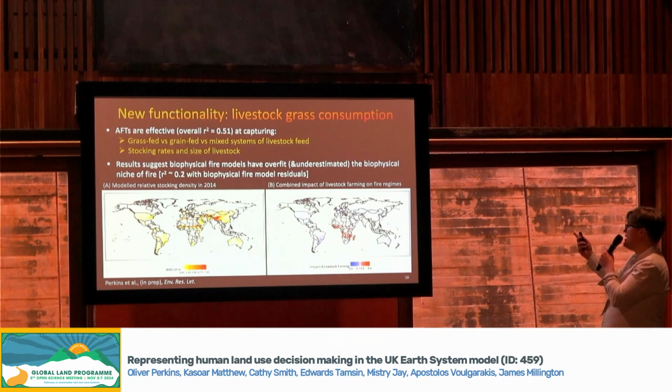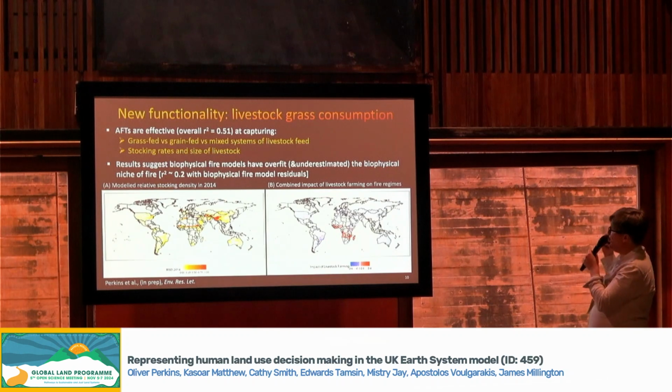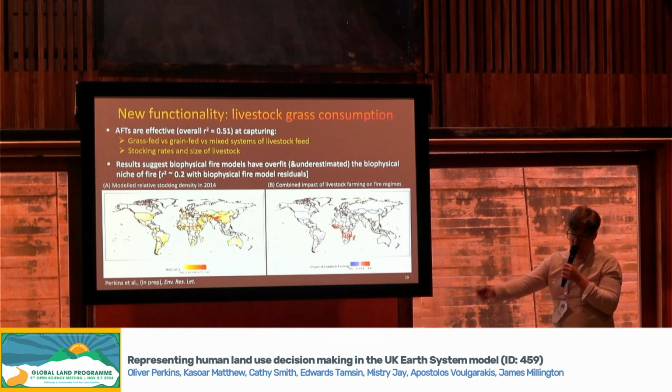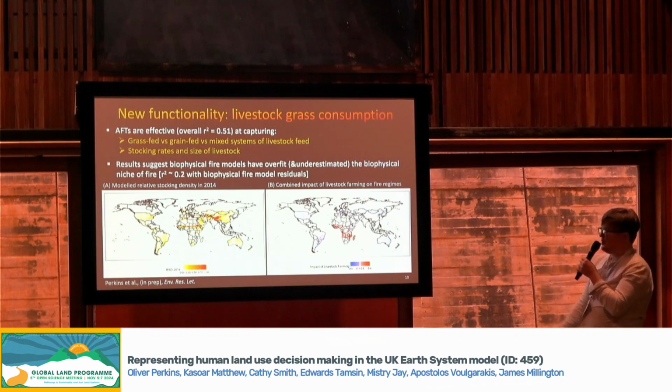And then you can see on the right-hand side, using our representation of pasture management fires and fuel consumption from livestock, the impact that has overall on burned area. And fundamentally, what's happening here is you've got an increase in fire in sub-Saharan Africa and a big dampening of the signal elsewhere.